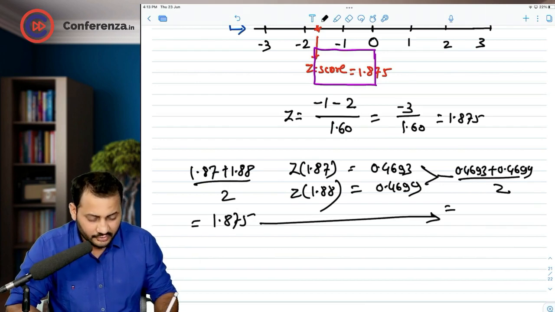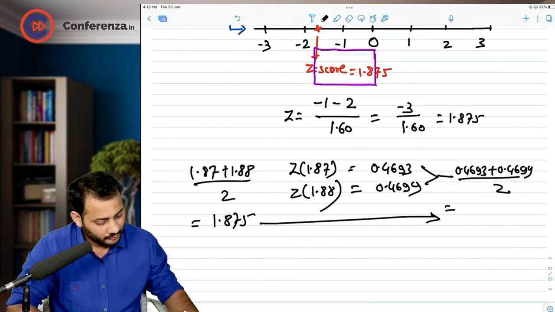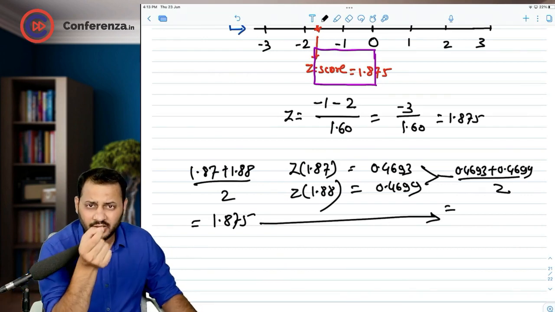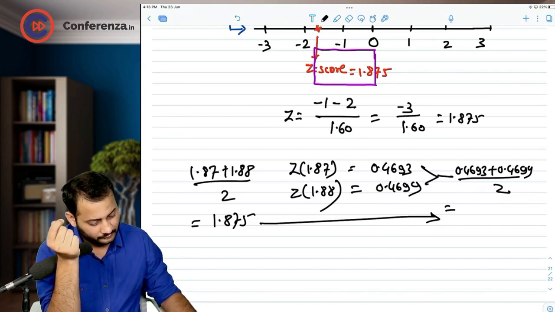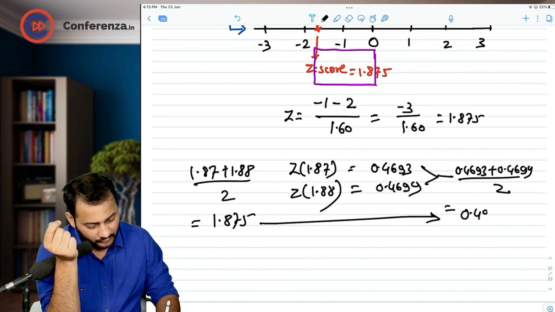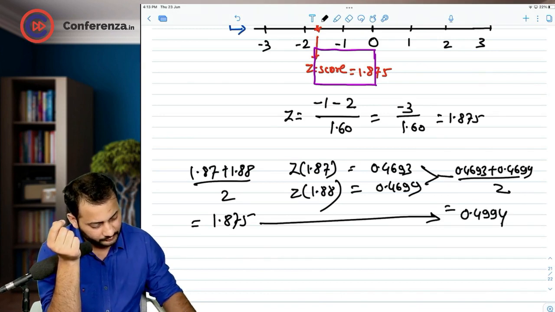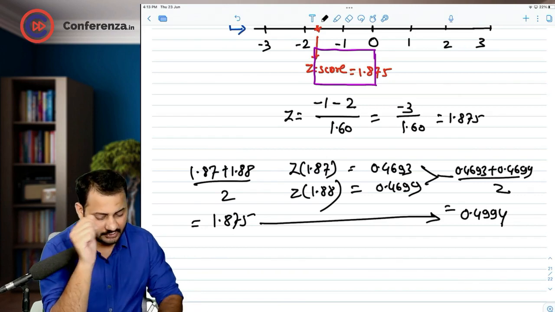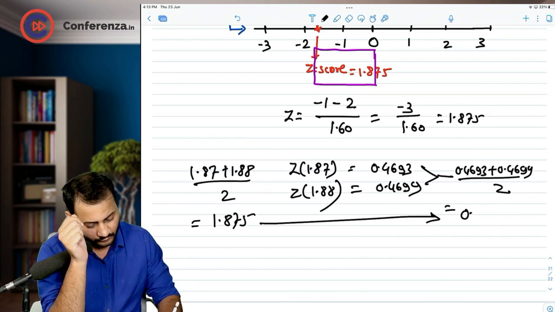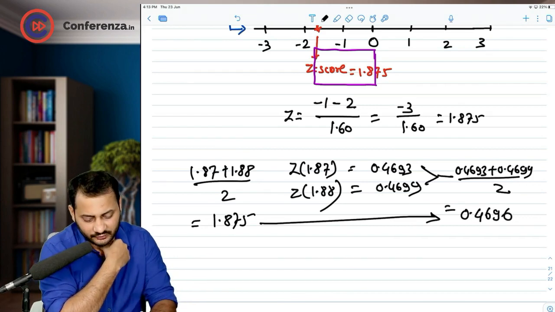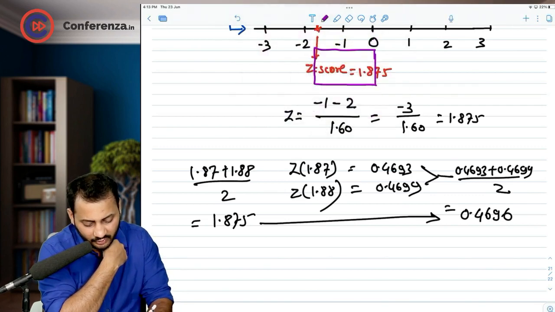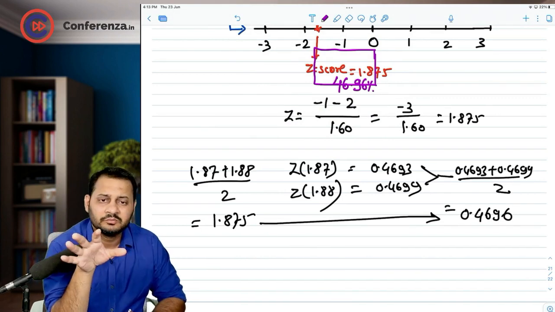Then it will also give you the middle figure of these two values: 0.4696. What is this 0.4696? It is the probability of this area, 46.96%. That's it. Only this much area.